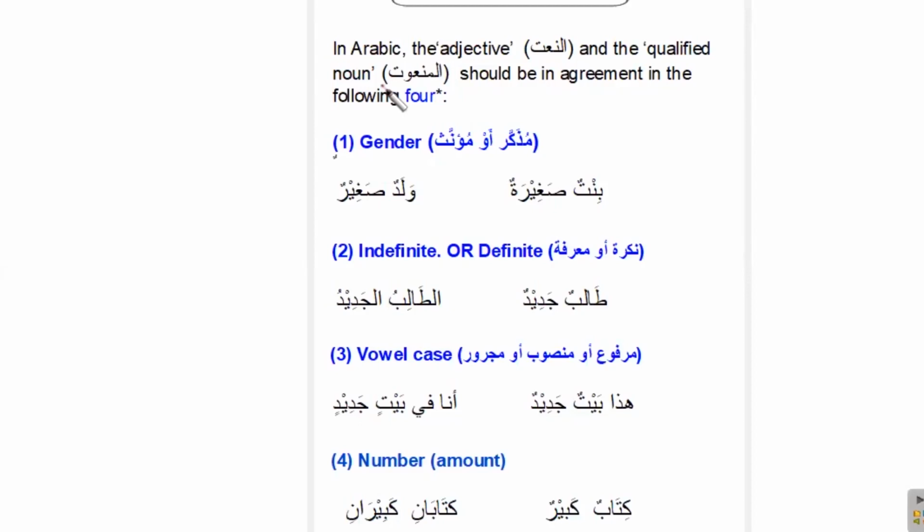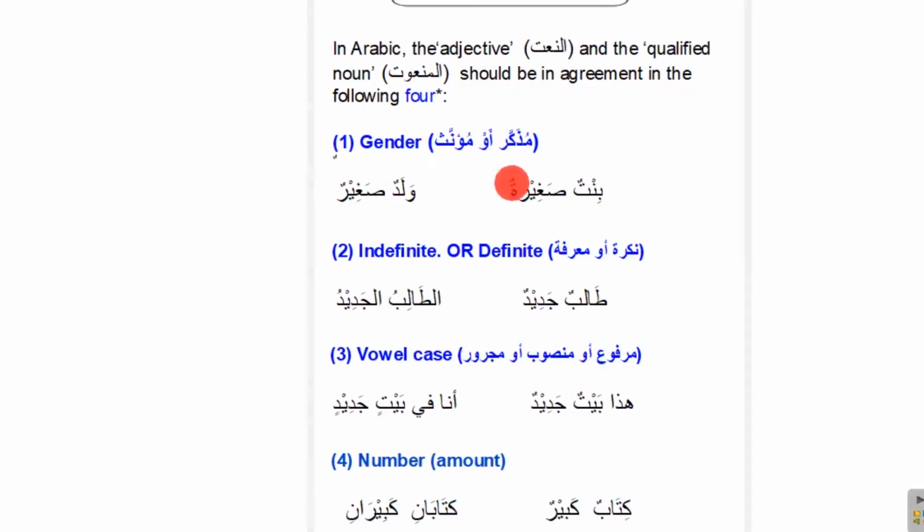You have seen it. So, in terms of gender, there is going to be a differentiation. In terms of definite or indefinite, there is going to be a differentiation. The vowel case, there is going to be differentiation. The number, there is going to be a differentiation. So let's enter into it, so that it becomes clear for us to see.